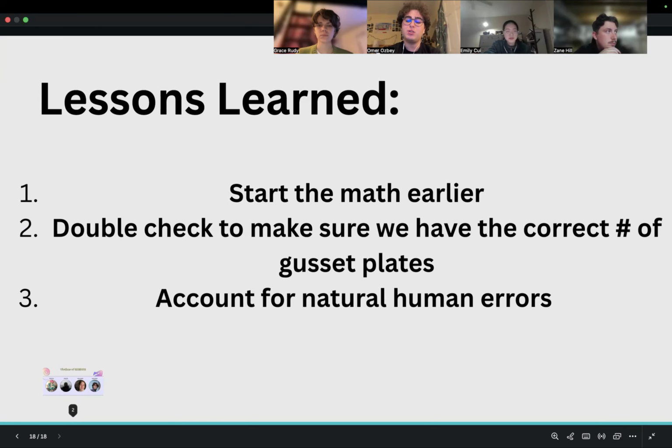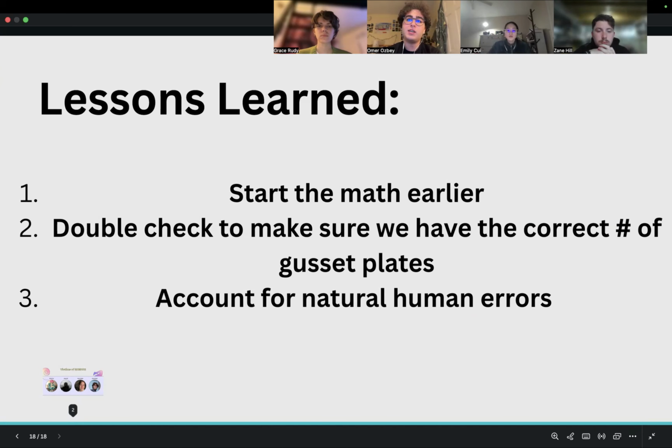We were in a severe time crunch, so we rushed a lot of calculations. Maybe that was why we also guessed the failure point wrong, but I could be mistaken because our calculations were also very extensive. Nevertheless, starting the math earlier would have definitely helped us a lot.